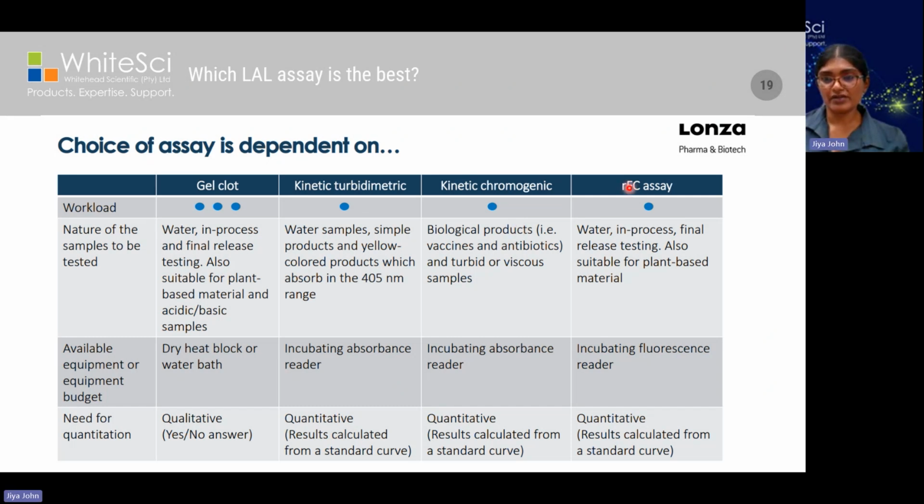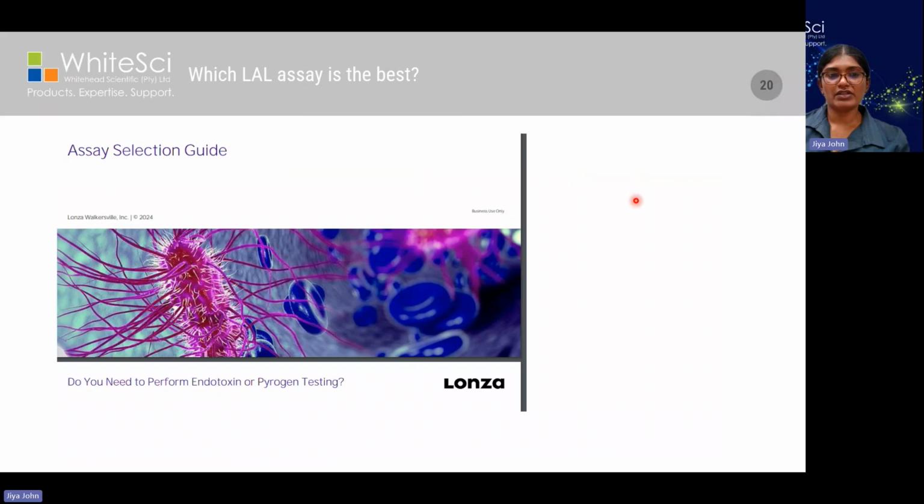Before I introduce you to the RFC assay, I just want to let you know that LONZA does have an assay selection guide. So even though you are aware of the different kits that we have available, you can download this selection guide.